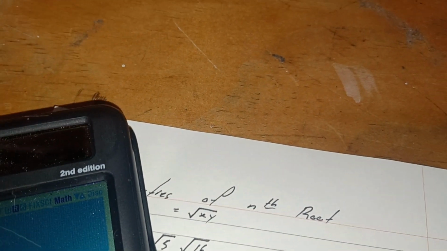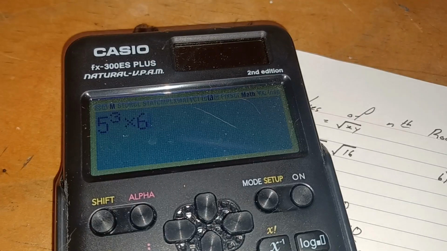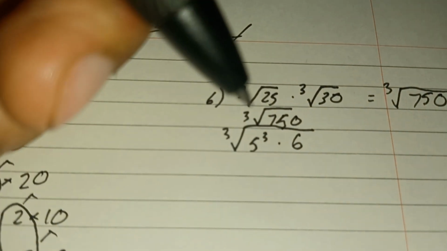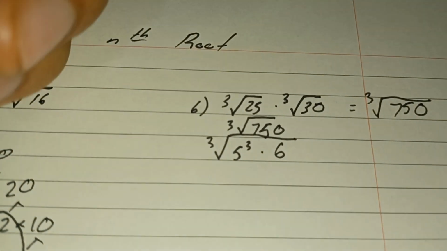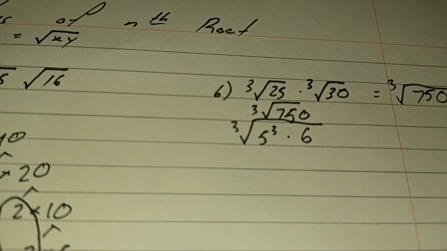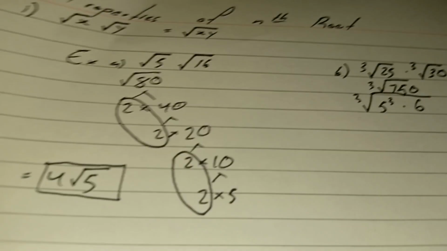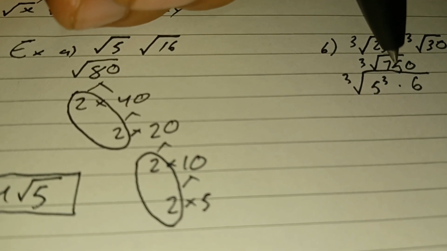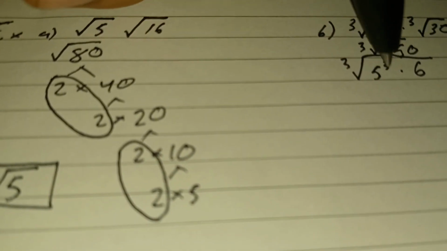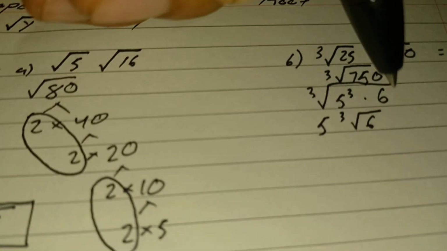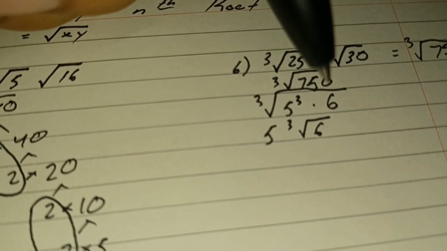Sorry about that. 5 raised to the third power times 6, right? 750. So we rewrite it as that. 5 raised to the third power. Obviously, we can basically cancel these out because 5 to the third power, we already have that. So this is left with 5 times the cube root of 6, because 6 does not have a third power.